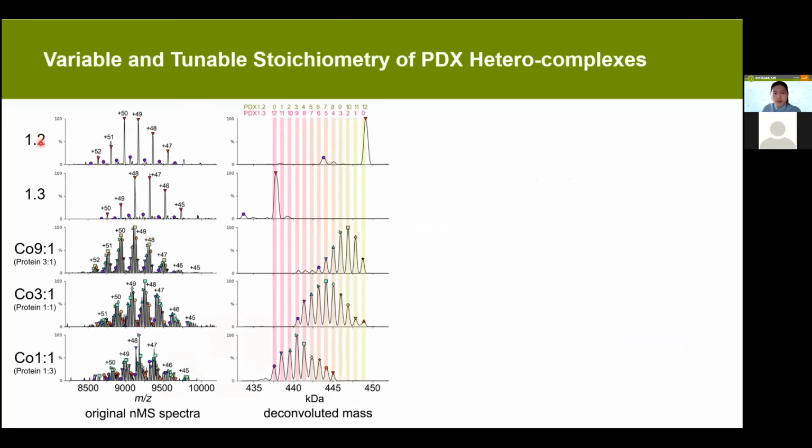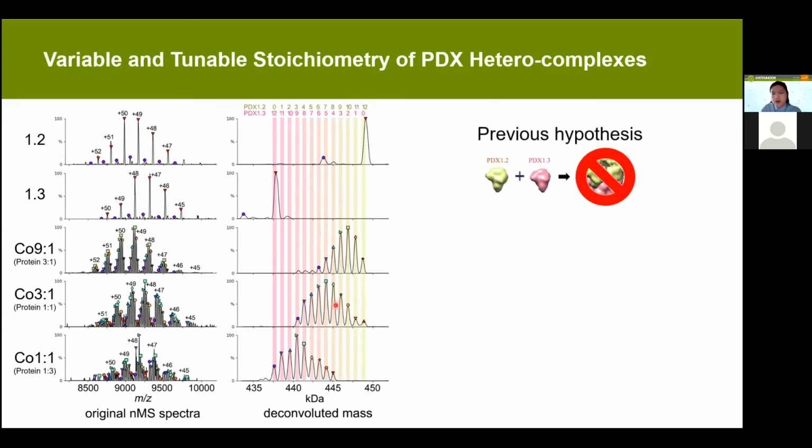So we have the homo 1.2, homo 1.3 monomers, and then the different co-complex, the hetero-complex at different ratios of the 2 proteins. This is basically the raw data, and this is after deconvolution using UniDec. You can easily see the hetero-complexes, but you don't get a very homogeneous distribution. So you have all kinds of different species in there.